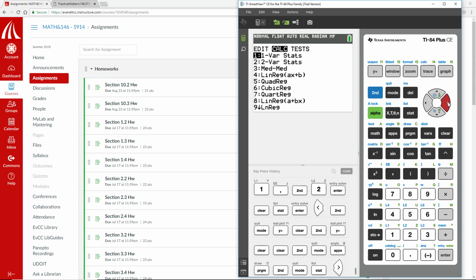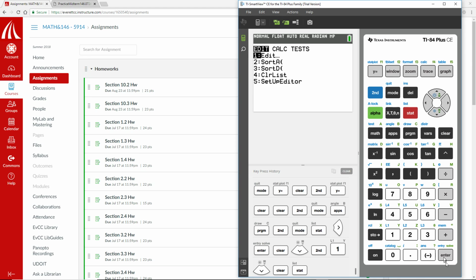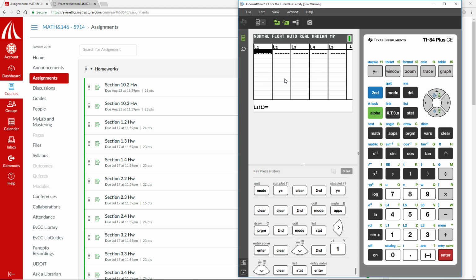You go to stat calc and do one var stats. And you've got to have L1 and L2. And it could be that, check your lists carefully. If there was a single mistake in one of your lists, then it would be off. So just go back and edit.